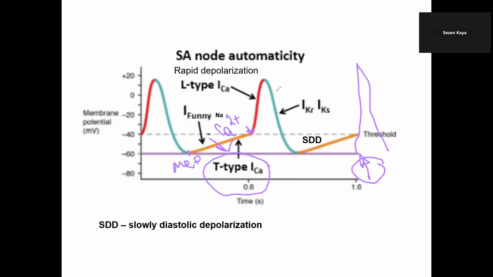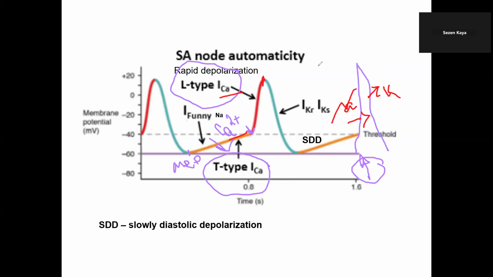From -40, L-type calcium channels will open. I will remind you that normally for an action potential, sodium channels work for depolarization and potassium for repolarization. But in the conductive system of the heart, calcium works. The L-type calcium channels open and induce full depolarization.